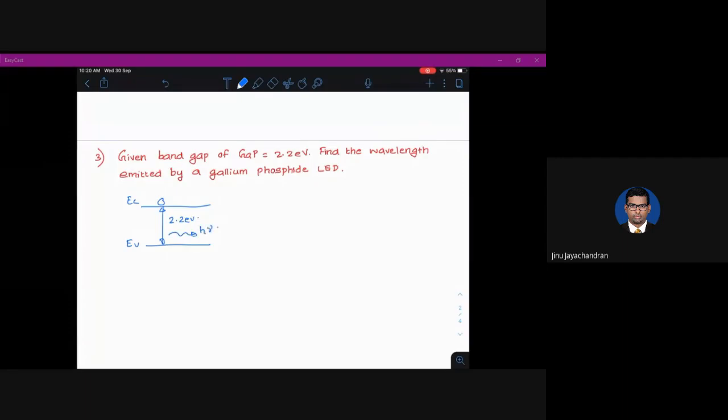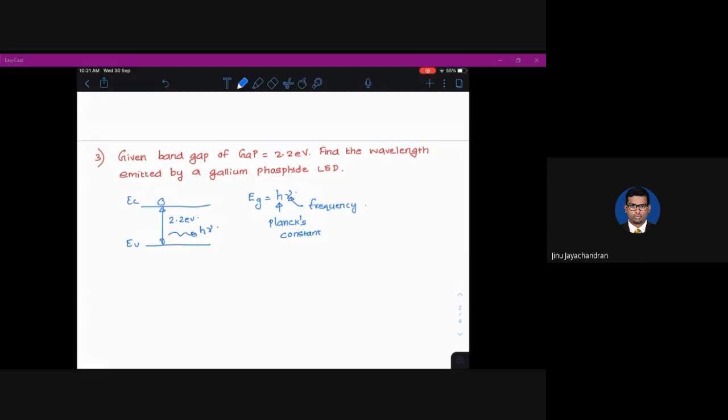We know that our band gap Eg is equal to the energy of the photon emitted, h nu, where h is the Planck's constant and nu is the frequency. If you want to find the wavelength, you need to relate frequency to wavelength.